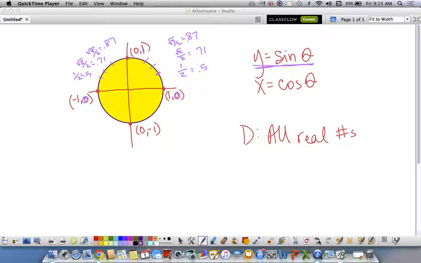We could plug in sine 72, sine 87. What's it going to go up to? We're starting at 0. It's getting bigger. After 90 degrees, after it's 1, what happens? It goes back down till you get to what? 0. Back to 0. Okay?